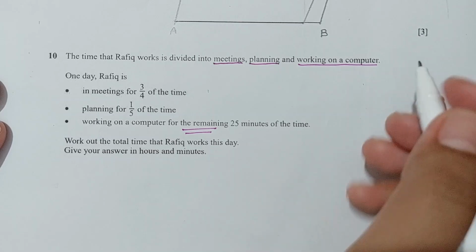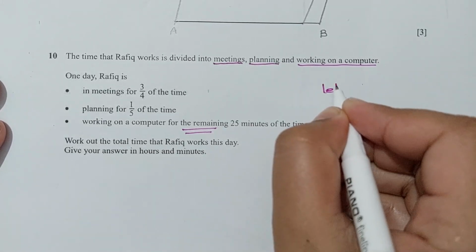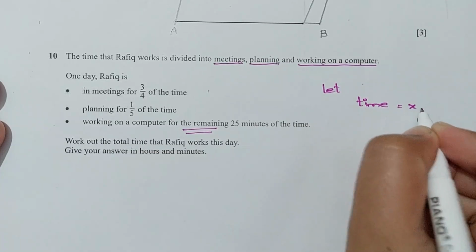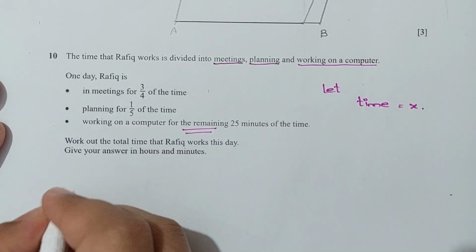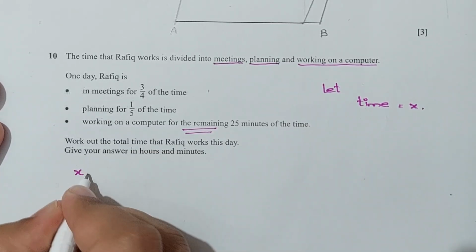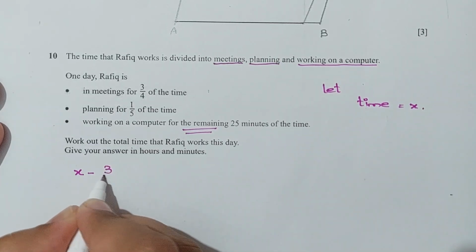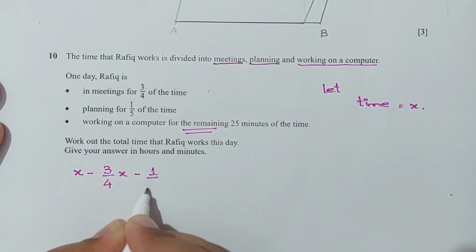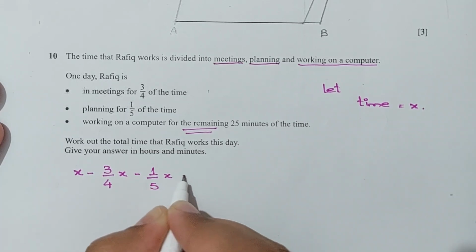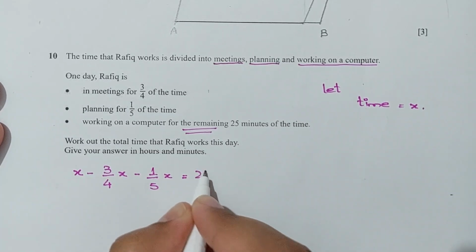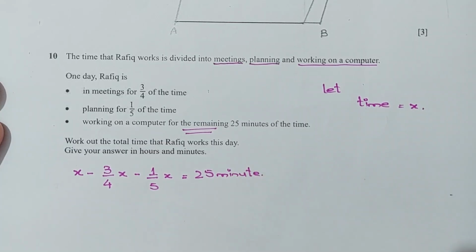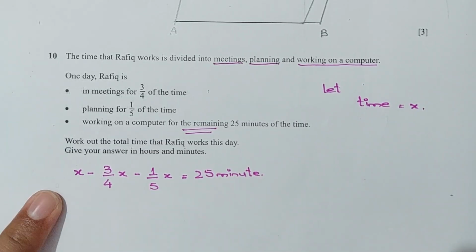So we can say the total time is X. From the total time X, subtract the time spent on meetings, 3 by 4 of X, subtract the time spent on planning, which is 1 by 5 of X, and this equals the remaining 25 minutes spent on the computer. I hope you understand this equation.